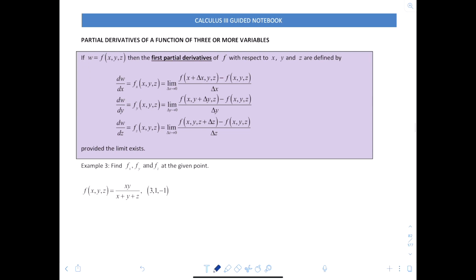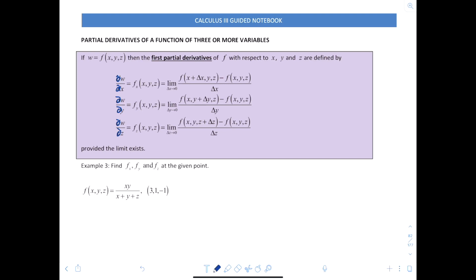Here we go. So this one, my apologies. We've got to change the notation here. These need to be the curly D's, okay? Because they are partial derivatives. So now if you've got a function of 3 or more variables, you're going to have the following partial derivatives.